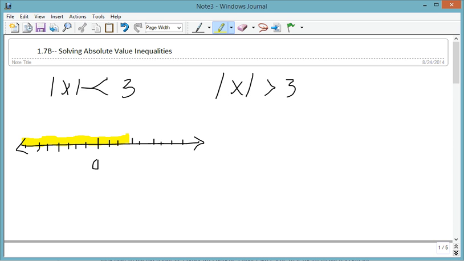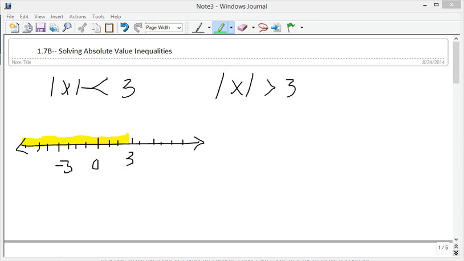Okay, so it would include all these numbers less than 3. 2 works, 1 works, 0 works, right? All those are less than 3.